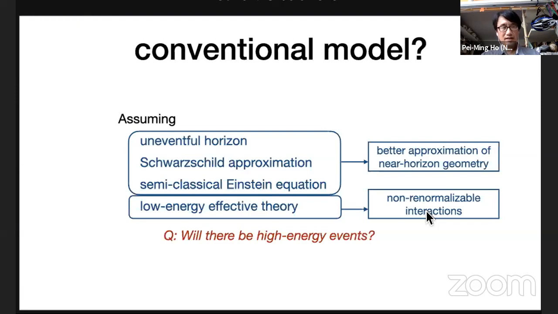Earlier, we mentioned that ordinary renormalizable interactions, such as phi to a certain power for the scalar field phi, are not going to give you strong interactions to bring out information. So we should consider non-renormalizable interactions as well. These are the two things we will do, and then we will check whether there will be high energy events.